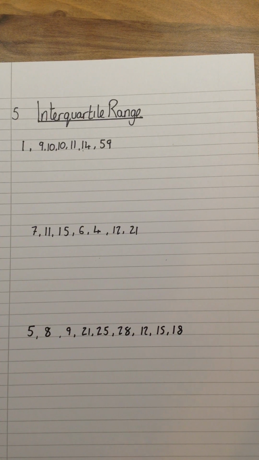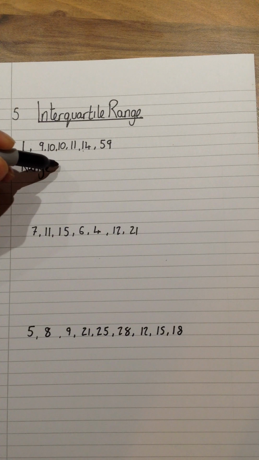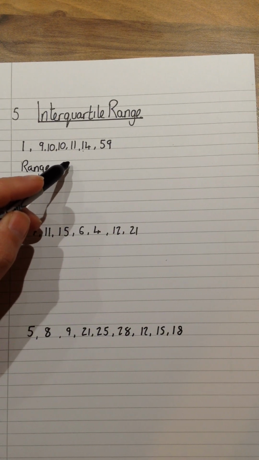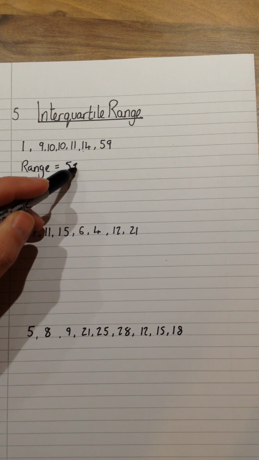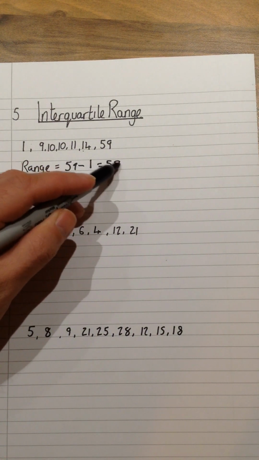Whilst it's a good measure of spread, it has its flaws. For instance, using this list here, the range would tell us that if we did the maximum, 59, take away the minimum, which is 1, the range is 58.